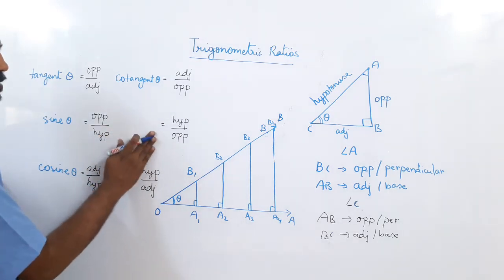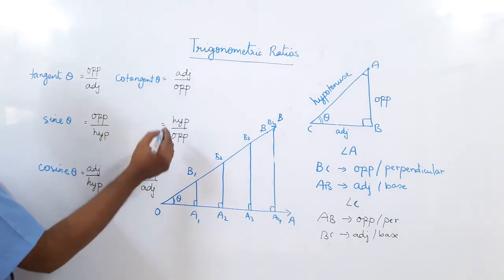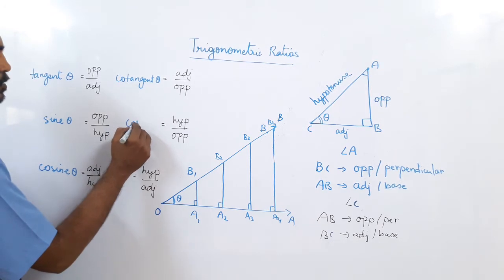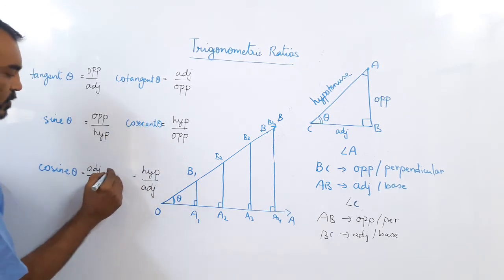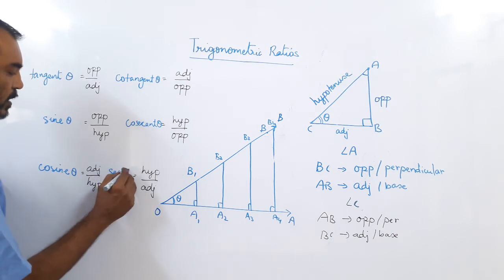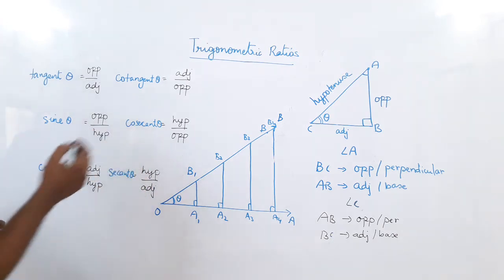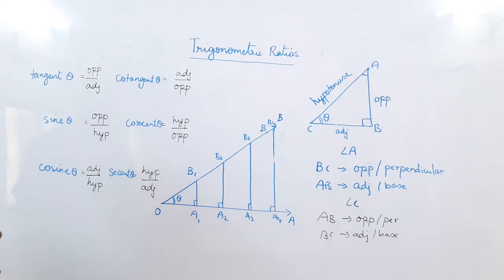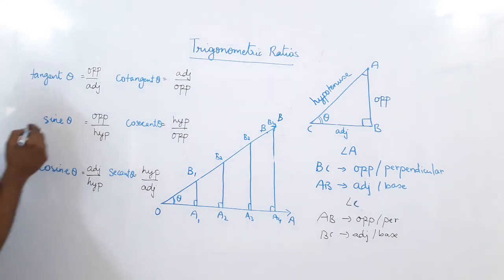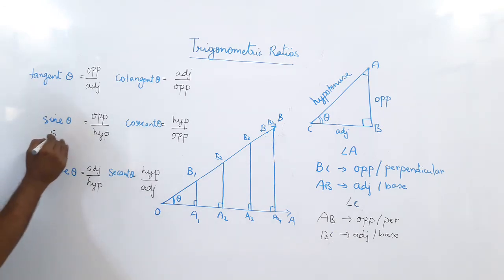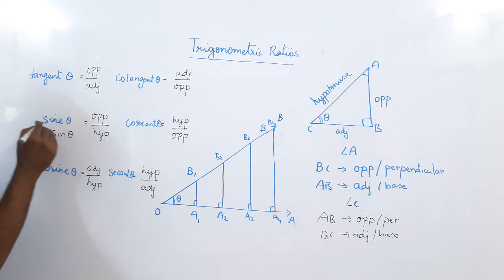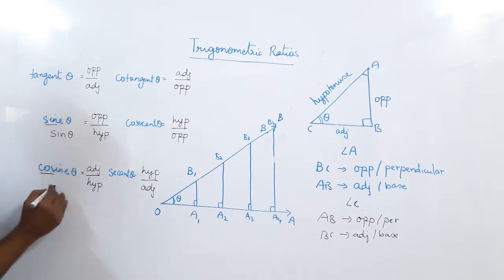This one, hypotenuse upon opposite, is called the cosecant theta. But the cosecant theta comes from this name, secant theta. So secant theta and cosecant theta. Now we do not use these full names. We use only the first 3 letters. So now this is written as sine theta. First 3 letters. This is written as cos theta.